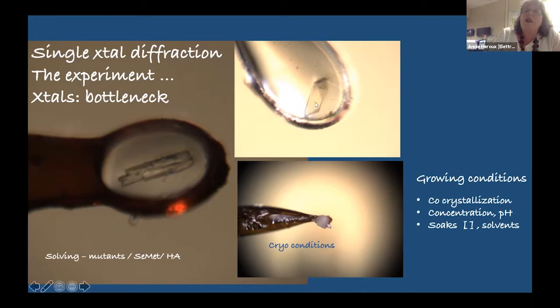So we all see in publications those very nice crystals. I don't know if you can see the nice crystals in mother liquor. So all our samples here are going to be in a solution, and we need to freeze that solution. To be clear, we don't want any ice, as you can see at the bottom.